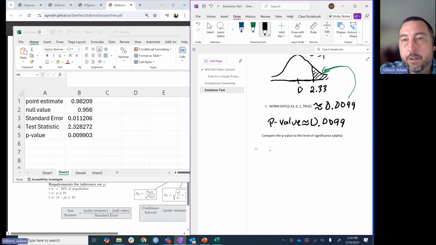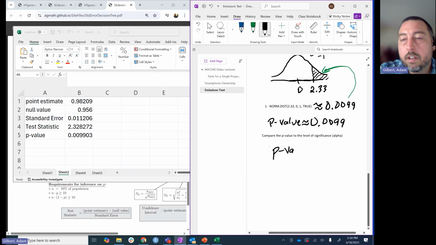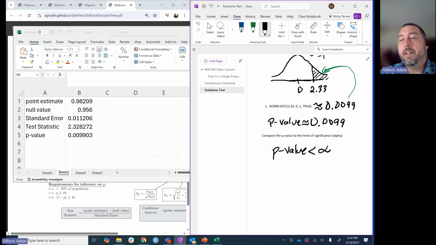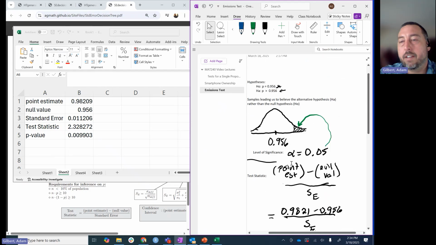So p-value is less than alpha, which means that our sample data is unlikely to appear under the assumption of the null hypothesis.